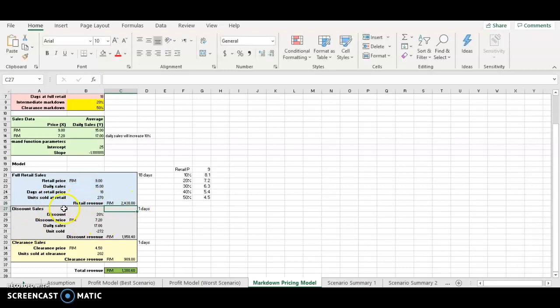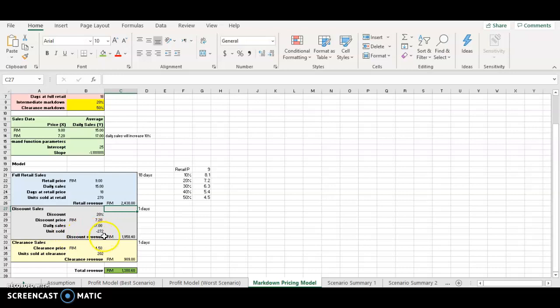As for the discount sales, when I'm doing discount, what I will produce. Okay, the discount is 20% and the discount price is 7 ringgit and 30 cent. Daily sales is 17 units.